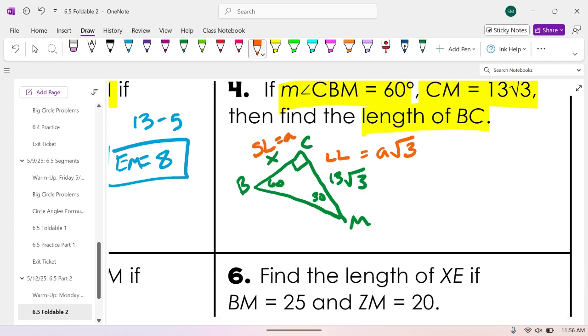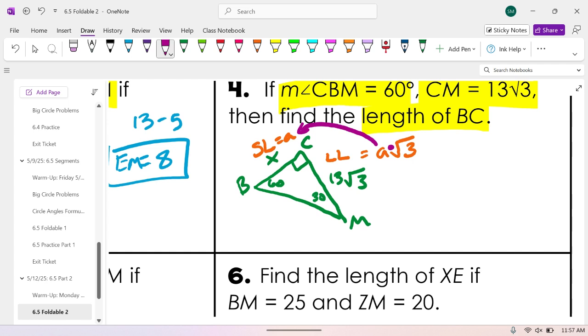So if I'm going from A times square root of 3 to just A, how do I get there? I want to get rid of the square root 3 to get to A. How do I get rid of it? What undoes multiplication?